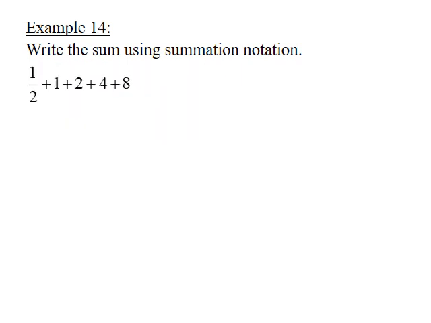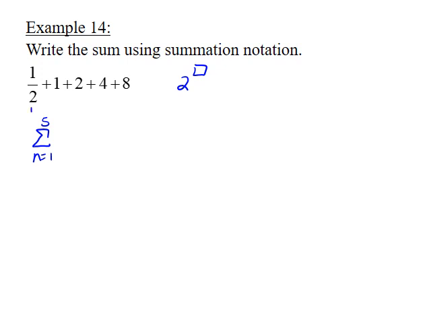Okay, now we have 5 terms. So the easy part is to say n equals 1 to 5. Okay, well now we want to figure out what's going on here. So just kind of analyze the pattern, see what's happening. Now I notice that these all can be written with a base of 2, like 2 to some power.